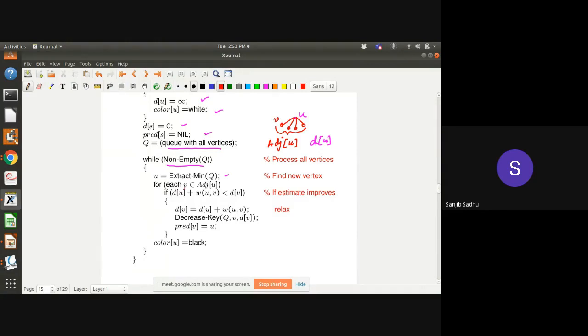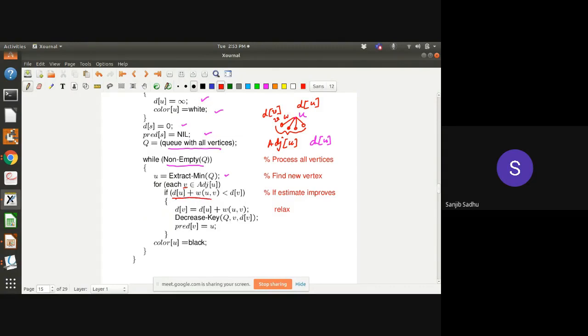So for each V that belongs to adjacent of U, if distance of V, dV, is less than dU plus omega of U to V, you check.